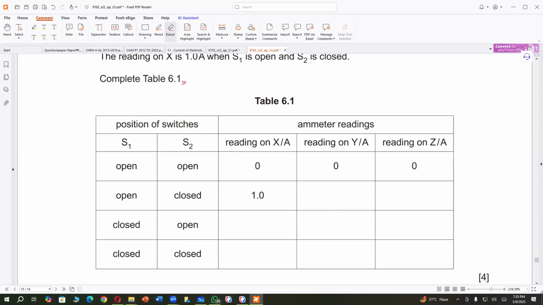So we have this position of the switches. Reading on Y is 0.